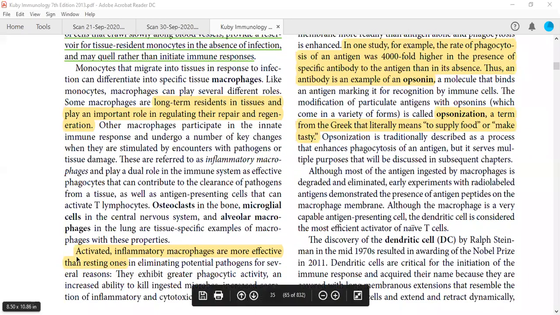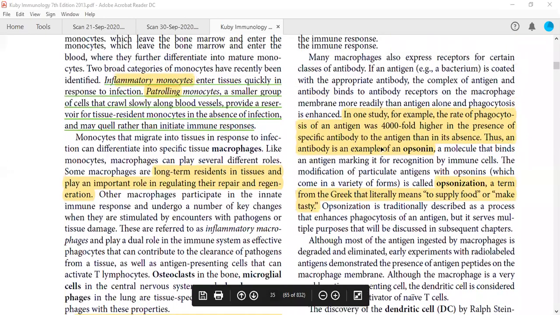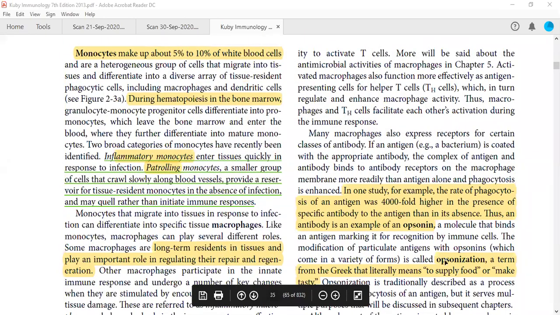So there is one more important line. Activated inflammatory macrophages are more effective than the resting ones. Obviously, if you are resting, if you are not active, you will do few things. Once the macrophages are activated, they are actively taking part in phagocytosis. Already we have covered the second process called opsonization, in which phagocytosis can increase up to 4,000 fold in the presence of specific antibodies to the antigen than in their absence.